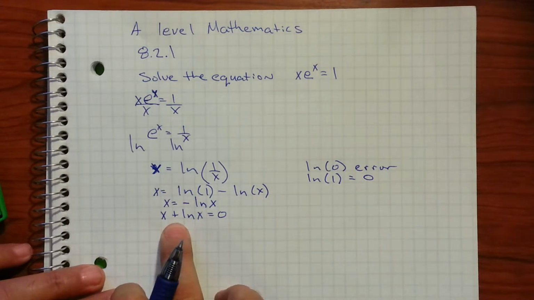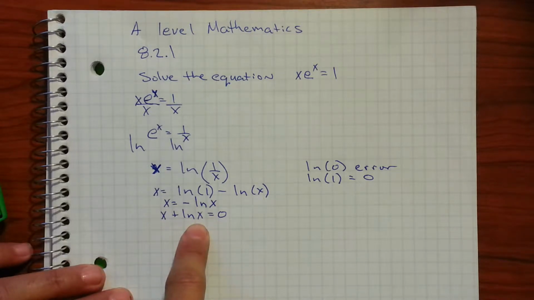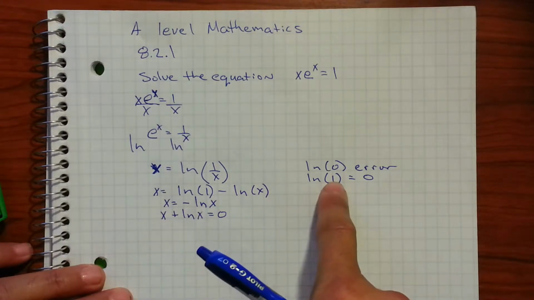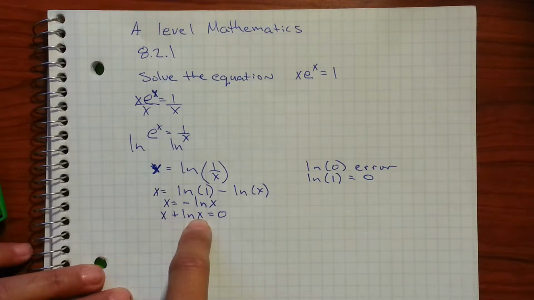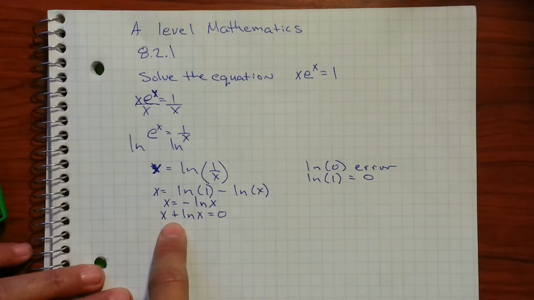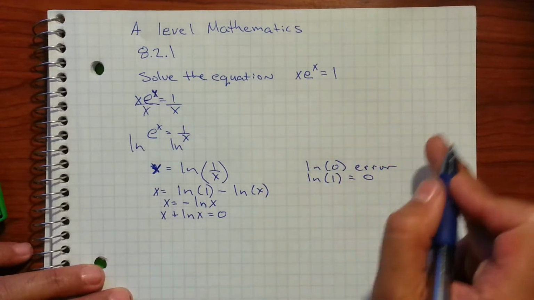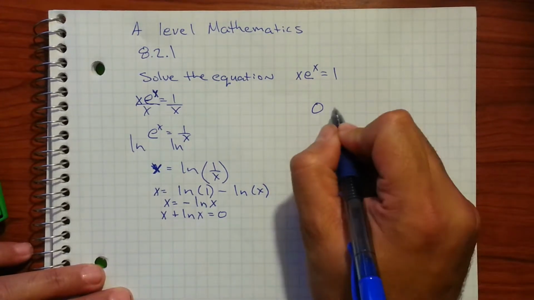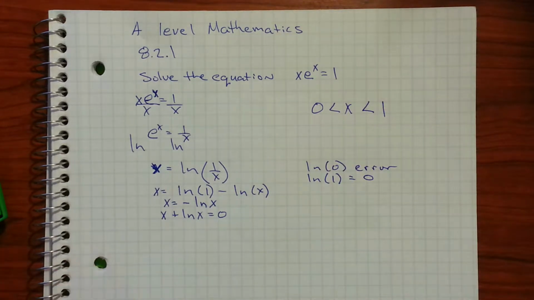So in this one, for this to work at all, if I plug in 1, it would be 1 plus 0, and that's not equal to 0. So my domain has got to be between 0 and 1.